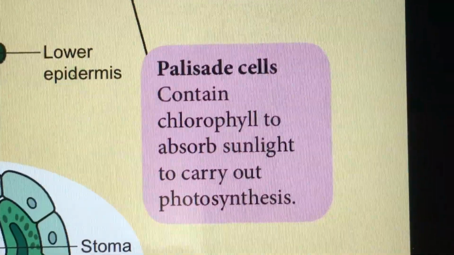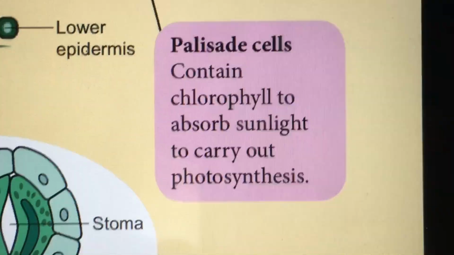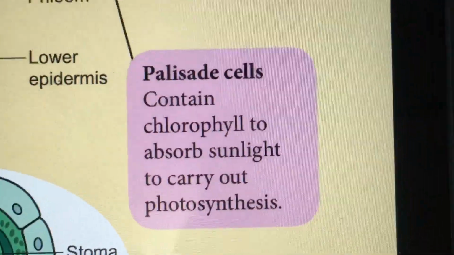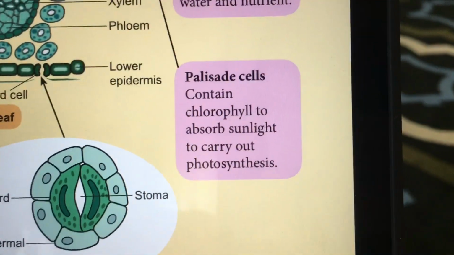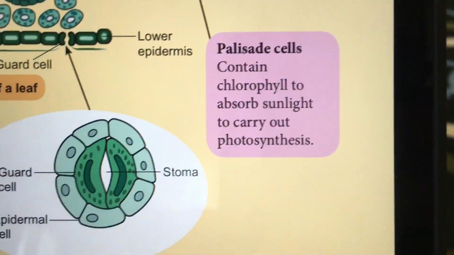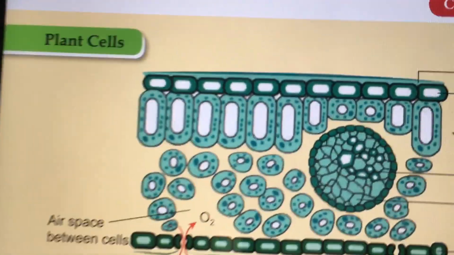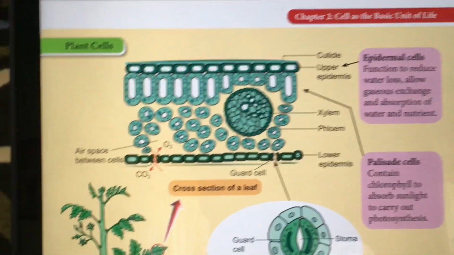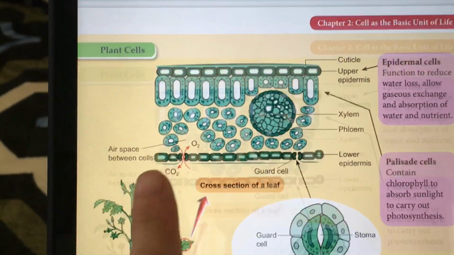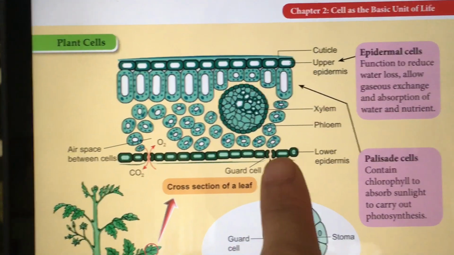Palisade cells contain chlorophyll to absorb sunlight to carry out photosynthesis. Sel palisade mengandungi klorofil untuk menyerap cahaya matahari dan menjalankan proses fotosintesis. Okay, these are all palisade cells. Okay, now if you notice, we have one layer of epidermal cells right there.